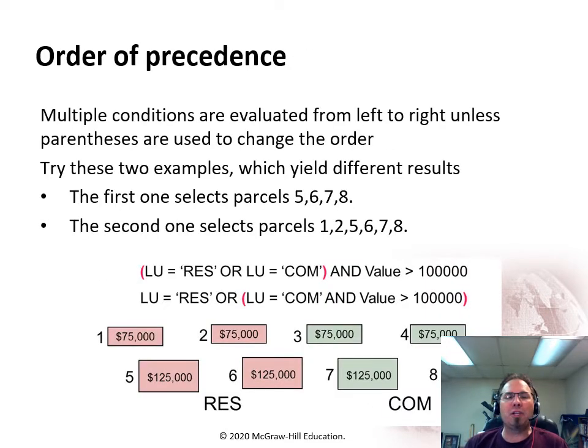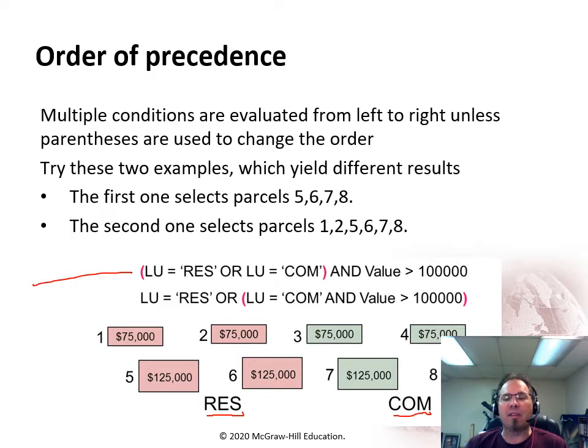So, like I mentioned, the order of precedence can be changed with parentheses, just like you would do in a math or any other equation. If you look at these examples here, LU stands for land use. We have two land uses, residential and commercial, and then a bunch of values here, 1, 2, 3, 4, 5, 6, 7, 8. If I look at this expression, I have land use equals residential or land use equals commercial.